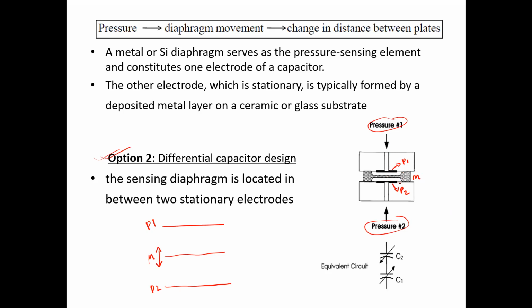In that sense, a differential capacitive design can be obtained. Then from a bridge circuit, it can be further processed to detect the change in pressure with respect to the change in voltage, as discussed in one of the previous lectures while discussing the differential capacitor design.